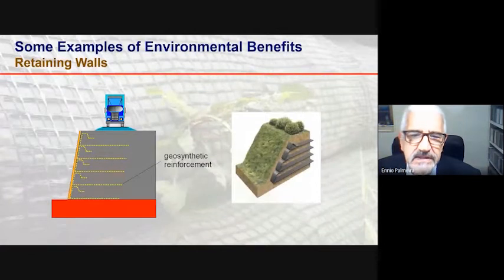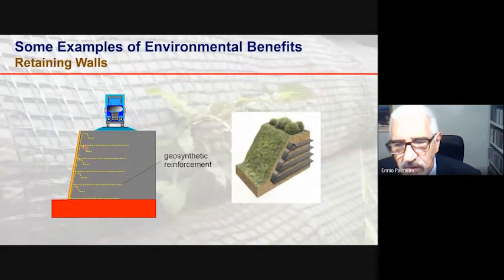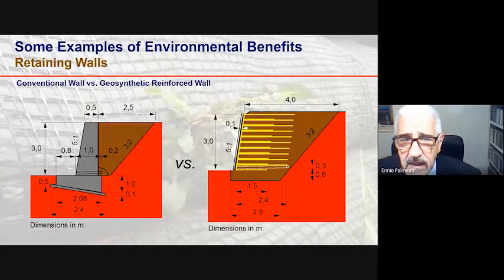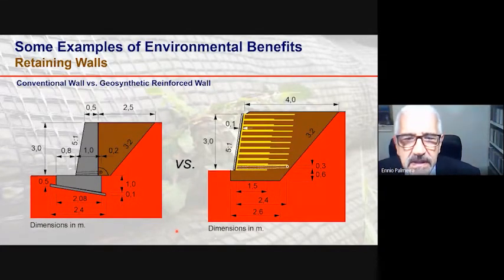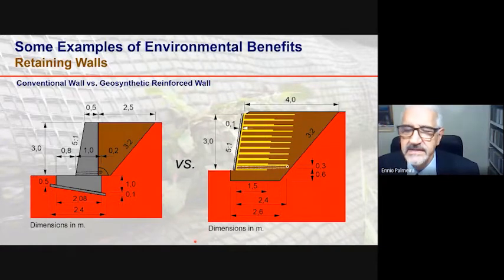Another example here is the case of a reinforced soil retaining wall. So you see the geosynthetic reinforcement layers here. And here the comparison of two solutions for a retaining structure: a conventional solution of a concrete gravity wall, versus a solution of a reinforced wall, where the reinforcement is just synthetic layers.